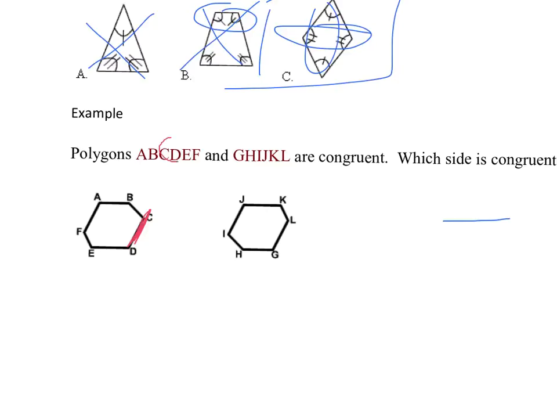You kind of have to look at CD, which are the third and fourth letters, and how that polygon was named. So I'm going to go to the third and fourth letters here, which is IJ. So CD is congruent to IJ. Notice that's this side right here. So they've kind of been flipped around. Okay? Corresponding letters match up when you write the congruency statement.